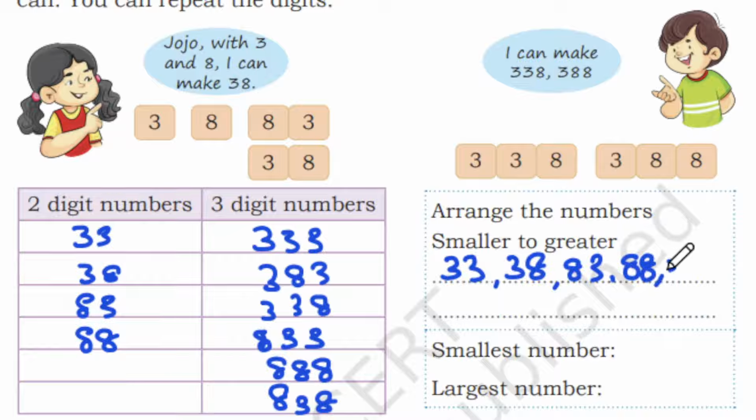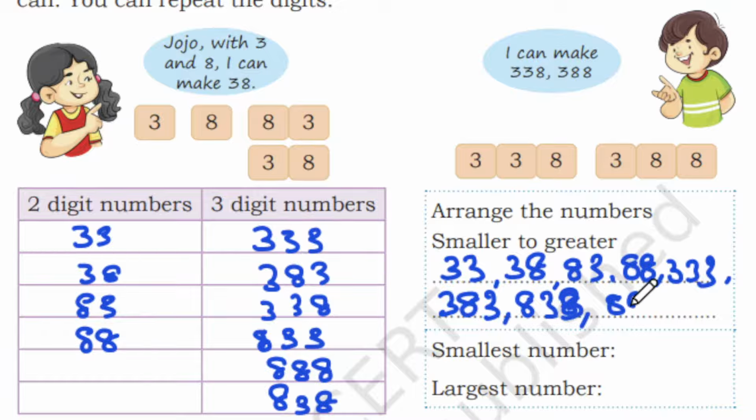Next we have 333, next 383, then 833, then 838. And we have to fill all the greatest digits.